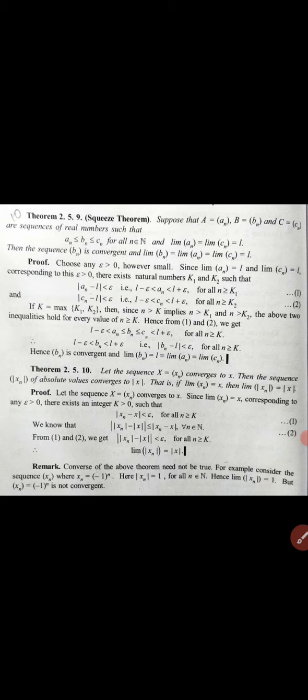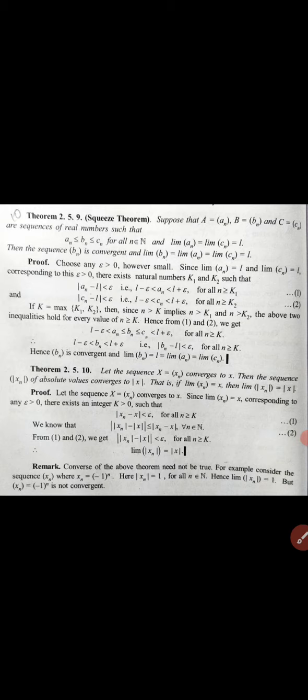Proof of this theorem: let the sequence x = (xn) converge to x. Since limit of xn equals x, corresponding to any epsilon greater than 0, there exists an integer k greater than 0 such that mod of xn minus x less than epsilon for all n greater than or equal to k.